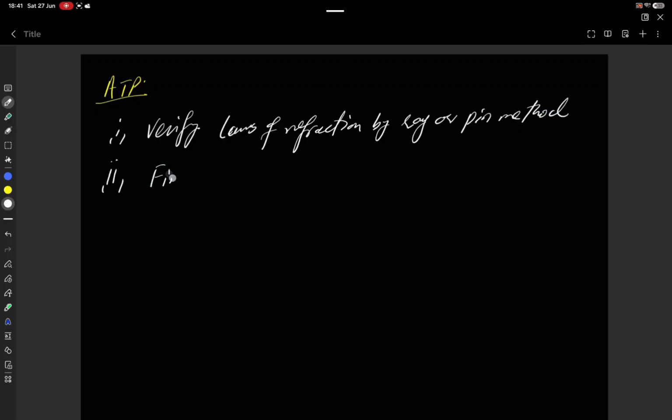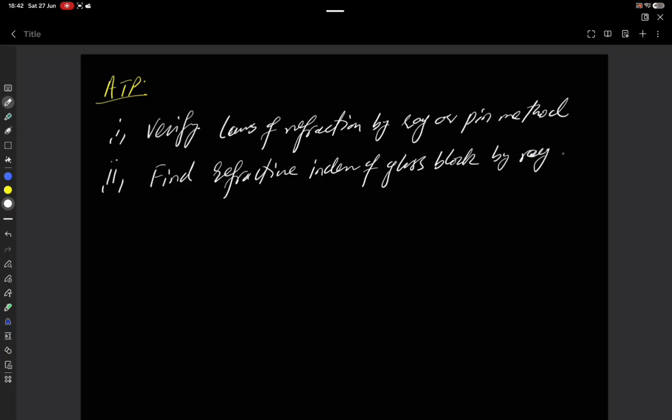Find the refractive index of glass block by ray or pin method.